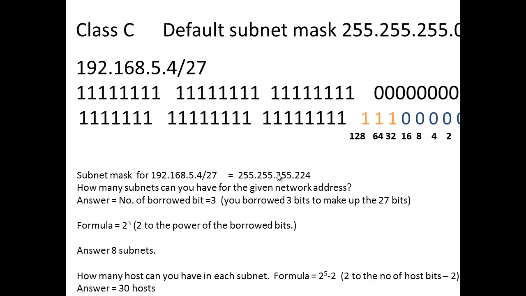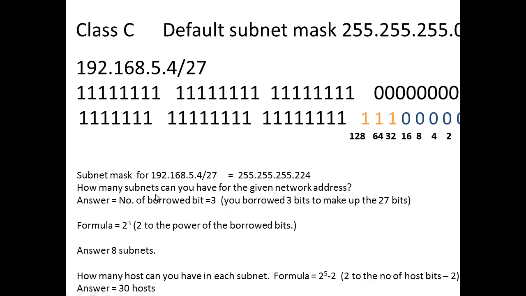After you borrow your bits, you look for the octet that has a combination of zeros and ones, and you find out the decimal equivalent for that octet, and that number gives you the number for your subnet mask.